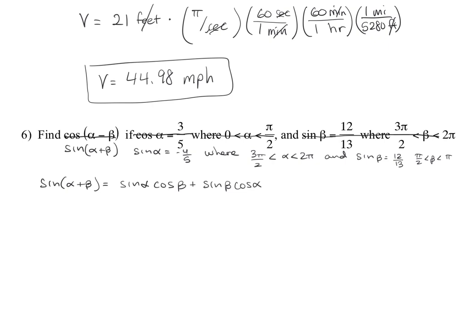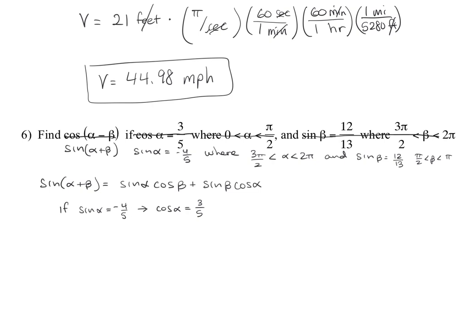So if sine alpha is -4/5, then cosine alpha, and we're in quadrant 4 here, so cosine's positive. Cosine alpha is going to be positive 3/5, and that's just a squared plus b squared equals c squared.